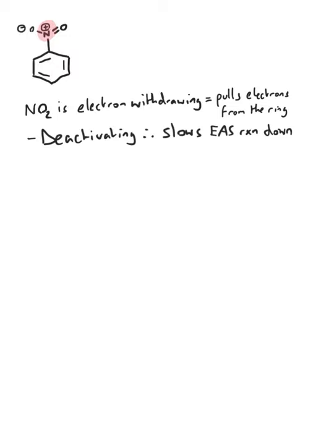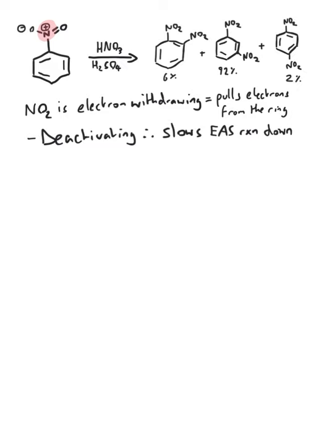It is deactivating, making electrophilic aromatic substitution really slow. If we nitrate nitrobenzene, we will notice that at the ortho position we only get 6%, para position only 2%, but at the meta position we get 92%, so the meta is favored.